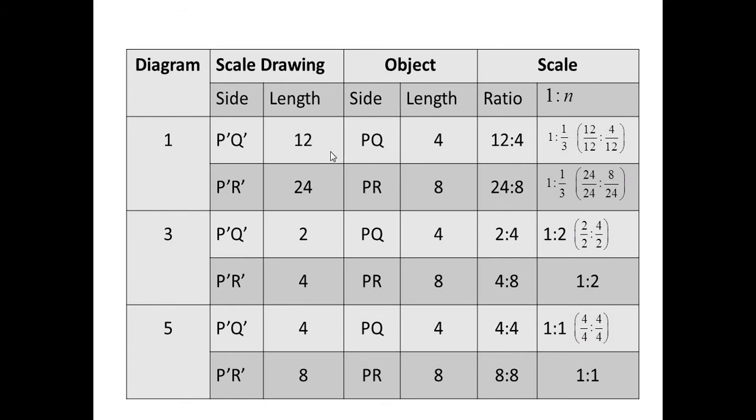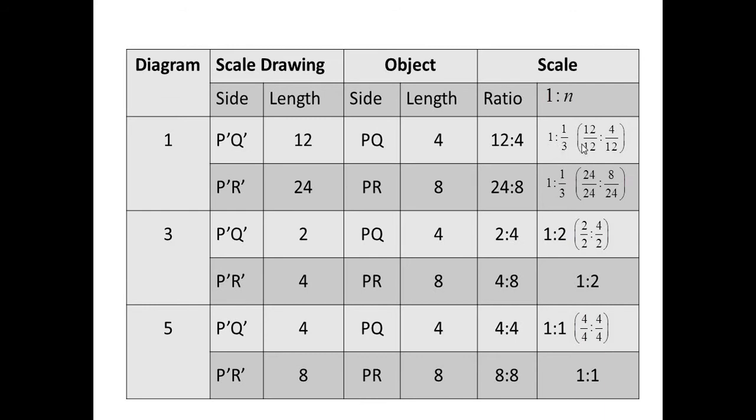Look here. Like what we mentioned just now, P prime Q prime is 12, PQ is 4, so we have the ratio 12:4. Now we're going to convert this into 1:n. So how? We want 1 in front, so we divide 12 by 12, and we have 1.